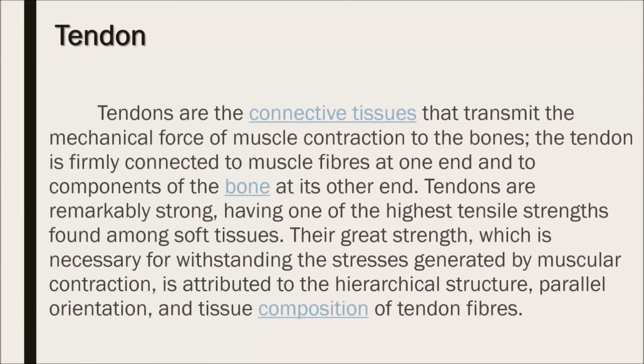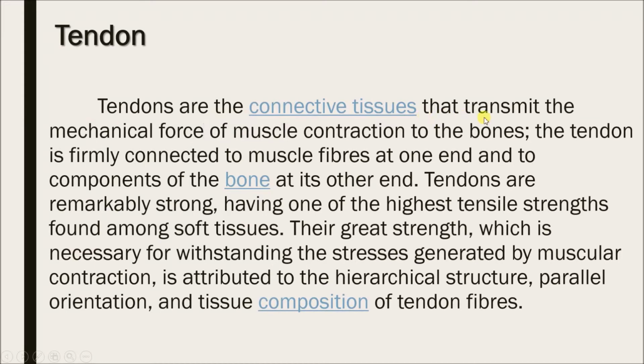So now, what is a tendon? Tendons are the connective tissue that transmit the mechanical force of muscle contraction to the bones. The tendon is firmly connected to muscle fibers at one end and to bone at the other end.